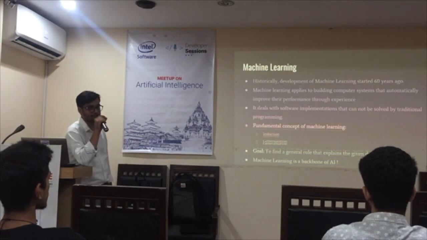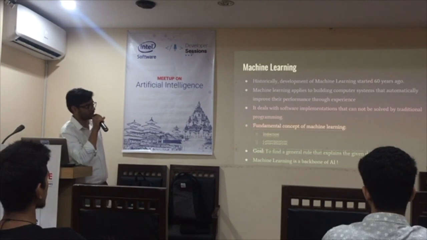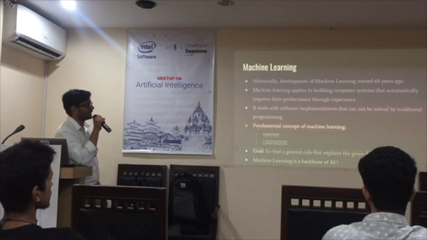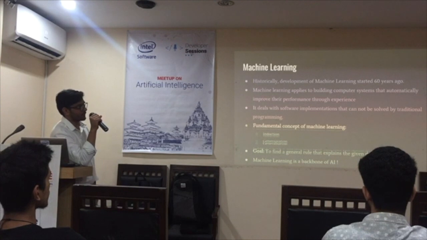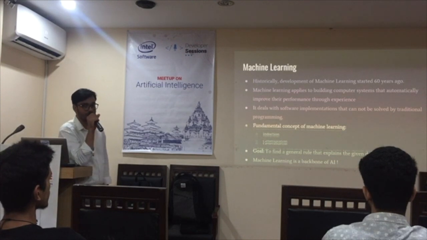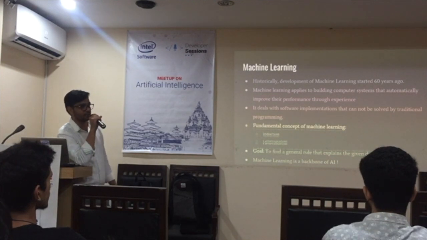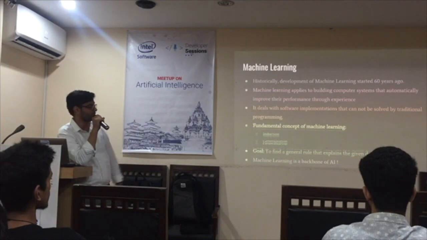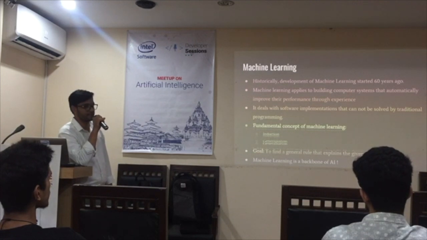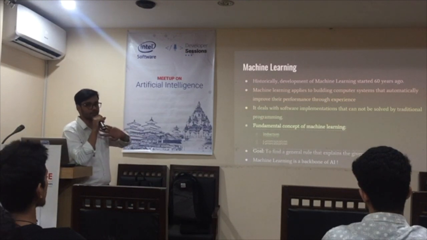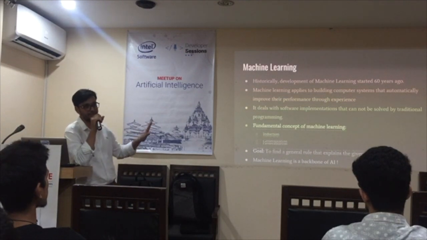So if-else methods or string methods cannot solve this type of problem. We require computationally intensive algorithms to seek patterns in the input data and to make decisions. So there are two fundamental concepts of machine learning: induction and generalization from the data. Now everything goes on data, everything goes on experience.